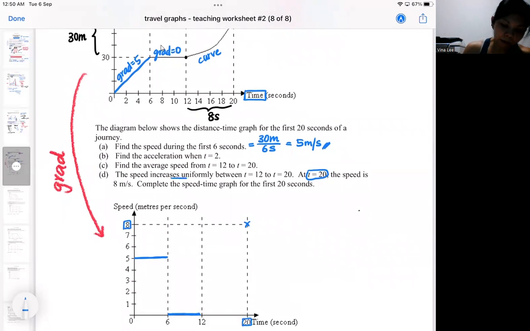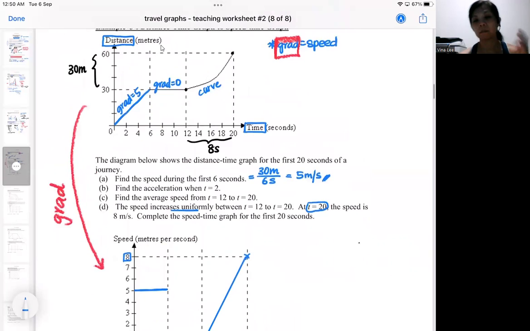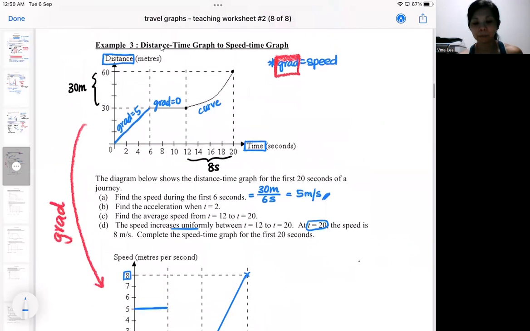And they increase uniformly, meaning it's a straight line. So if I'm going to convert distance to speed time, I'm using the feature of gradient to convert. That's one of the conversions that you actually need to understand.